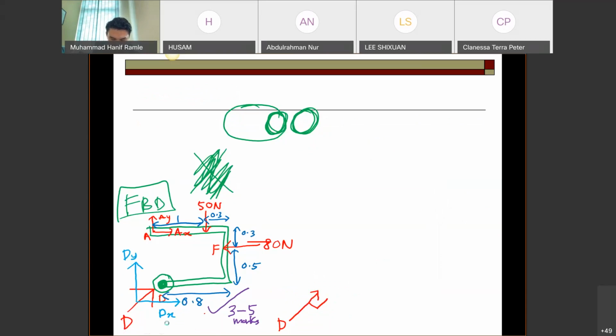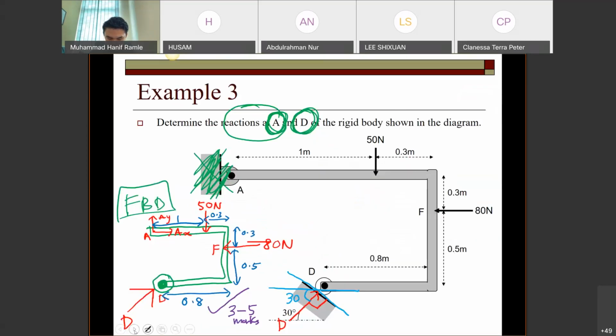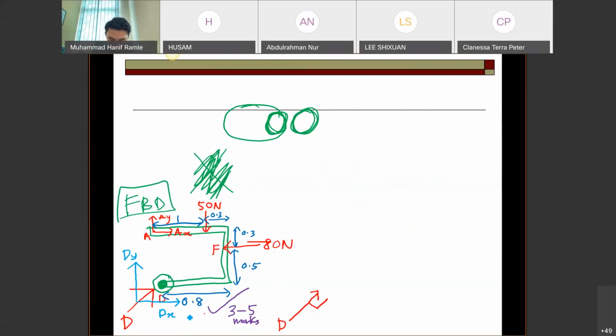So you have to resolve like this, and then you will get DX equal to D sine 30, and DY equal to D cos 30. Am I right? Yes, Doctor.